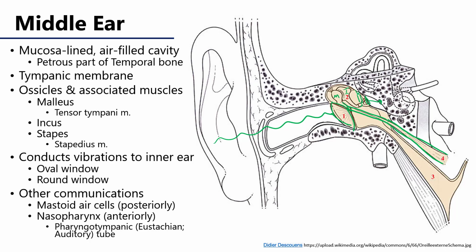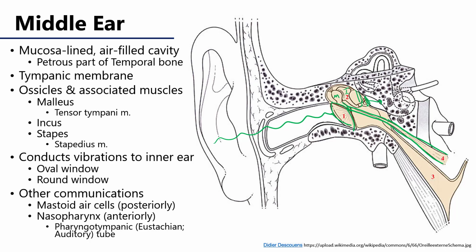And these muscles function to dampen vibrations so as to not transmit too great a frequency or power into the inner ear. So they serve a protective role. And if there's any dysfunction of these muscles, that can lead to a condition known as hyperacusis, where sound just seems too loud.